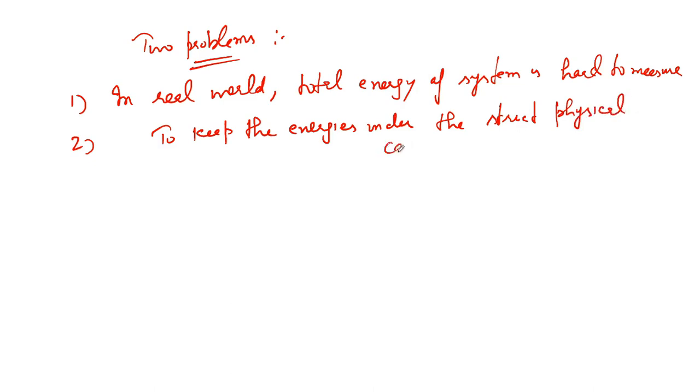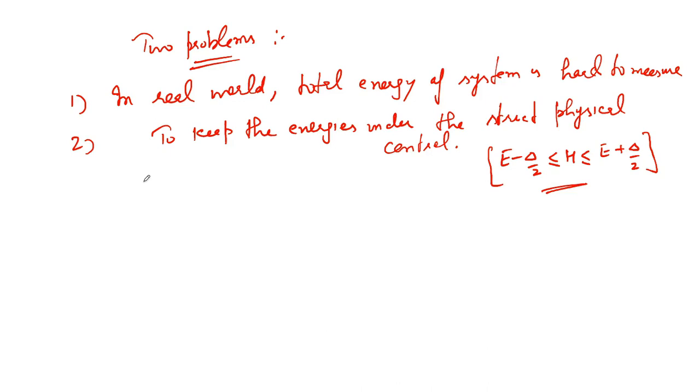So like in the microcanonical ensemble, we have said that the energy values lie particularly in between these two limits, but in actual it is very difficult to keep the energy limits by applying these fixed constraints, because the energy values are quite varying in the real world.